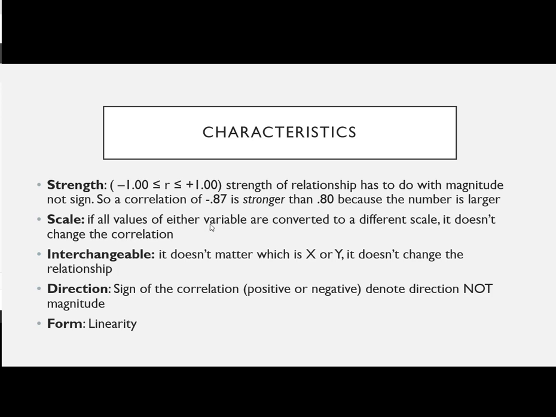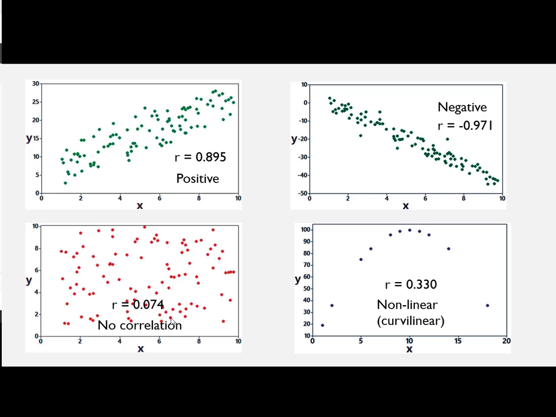If all values of either variable are converted to a different scale, it doesn't change the correlation. They're interchangeable, it doesn't matter which one's X or which one's Y. The sign of the correlation denotes direction. It does not denote magnitude, and it's a linear form.